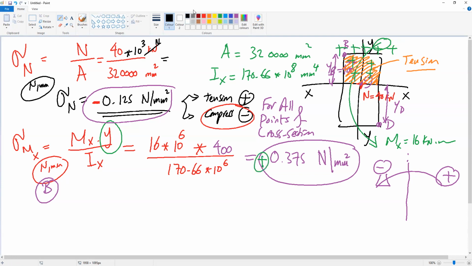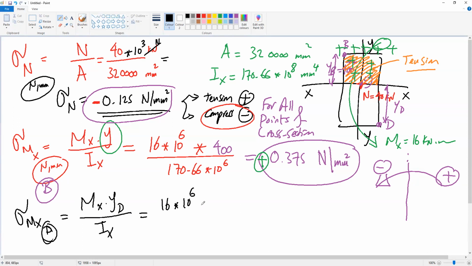If we want to calculate sigma mx at D, sigma mx at D equals the same formula, Mx times yD divided by Ix. Mx equals 16 times 10 to the power 6, divided by 170.66 times 10 to the power 6.